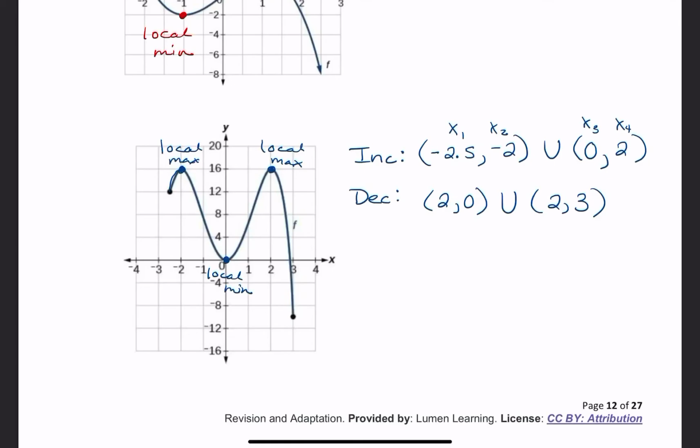But if we talk about absolute min and max, this endpoint would be your absolute minimum. And here, because these are at the same y value, there's no absolute maximum. So we do have an absolute minimum here, but not an absolute maximum, because both at -2 and 2 are both at 16. So there's not one absolute maximum.